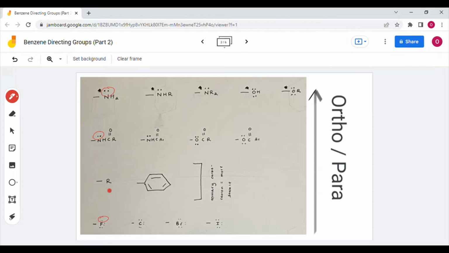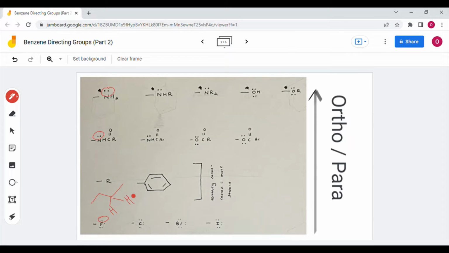For example, this R group. Let's say it's some kind of methyl chain attached to some kind of benzene ring, right? This methyl chain has hydrogens attached, right? And if you remember, these hydrogens donate electron density. So in that sense, yes, it does quote-unquote have electrons.